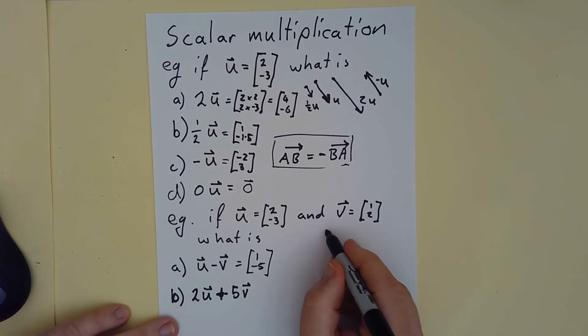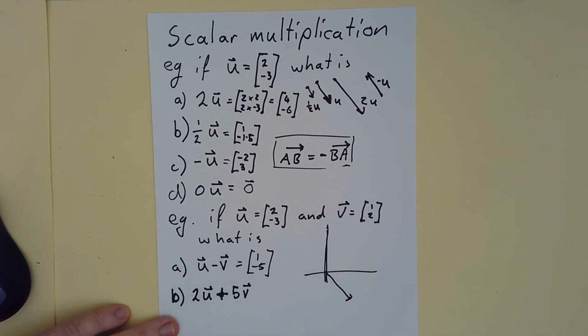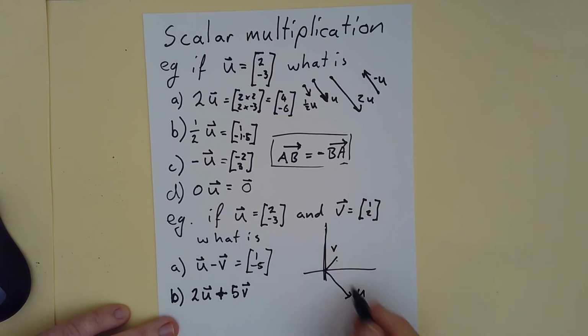Might want to look at that visually, though, because visually I think it's a little bit more interesting. I've got my u vector that's coming down here, and then my v vector is up here. Now, if I added them, I would come up here, but I want to minus them. So it's like taking this vector, turning it around and adding it, or taking this vector and putting it facing the wrong way out the back.